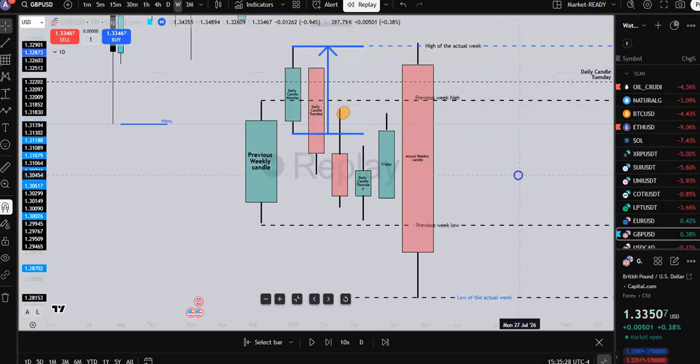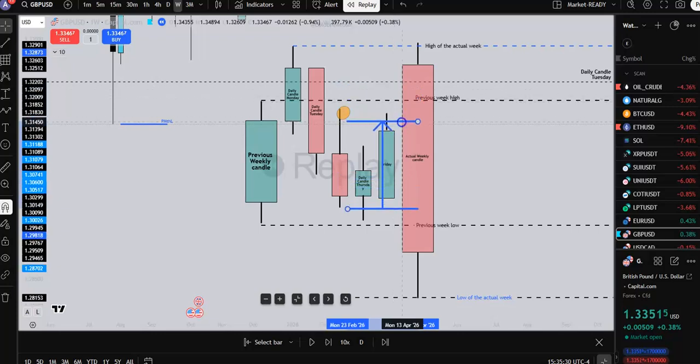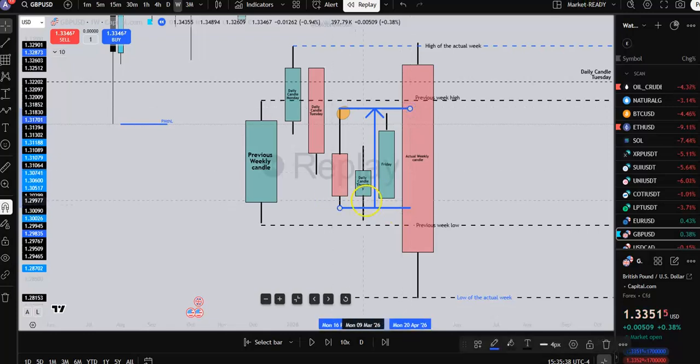So the previous daily high and low, whether they are swept or not, are extremely important within the daily bias. You can see here that it closes above the previous daily high and price is more likely to go the other direction. So that's it.